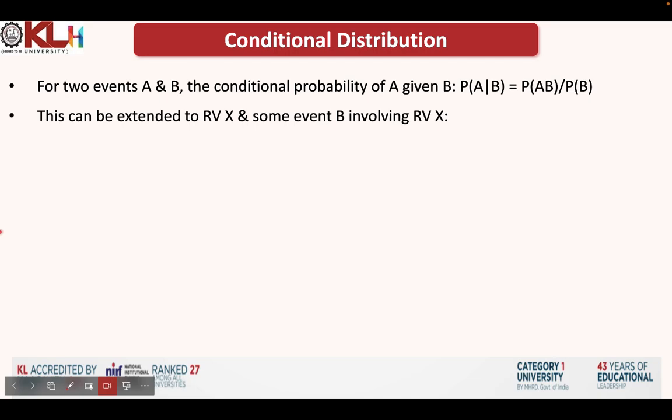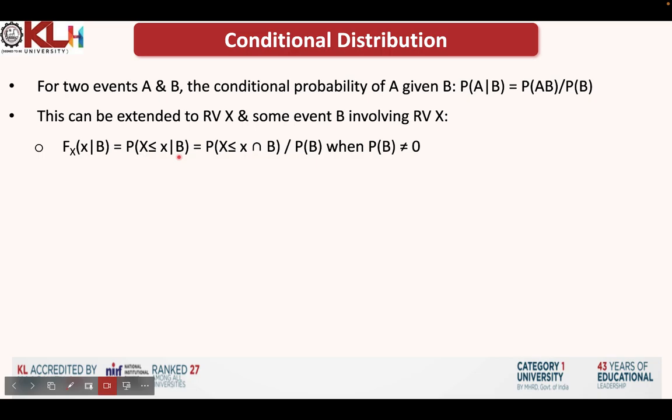Consider that we have two events A and B, and you have seen previously the conditional probability of A given B is written as P of A given B, which is equal to probability of A and B divided by probability of B. Now this can be extended to a random variable x and some event b involving the random variable, and it's written as the CDF F of x given b, which is equal to the probability of the random variable x less than or equal to small x given the event b.